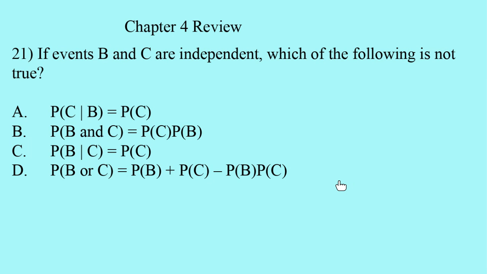Okay, C is not true. And why do you say that? You can either use the microphone or you can use chat. You think it should be the probability of B given C equals the probability of B. Is that one there?